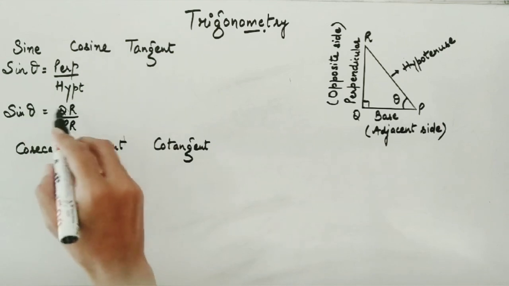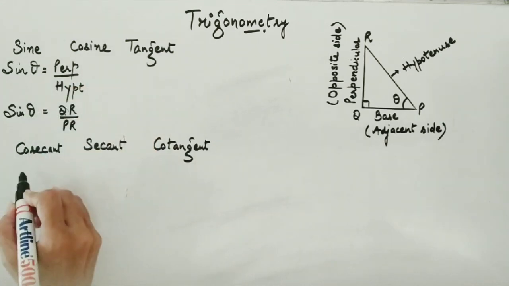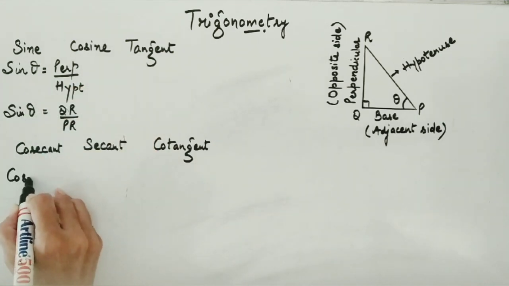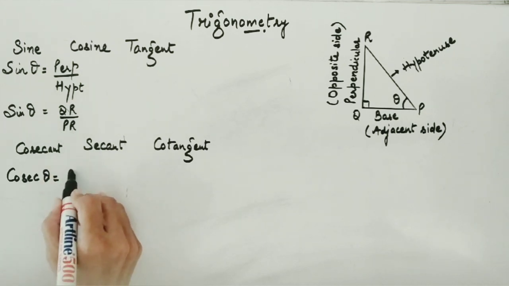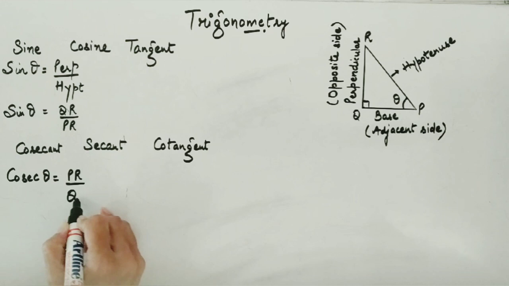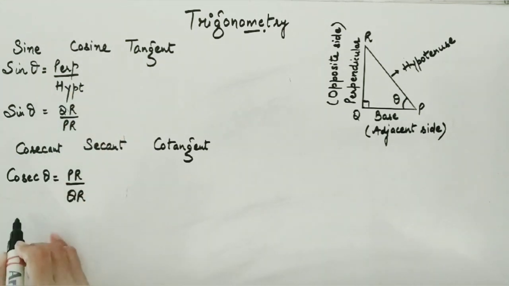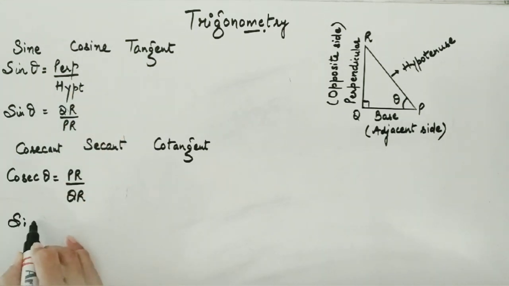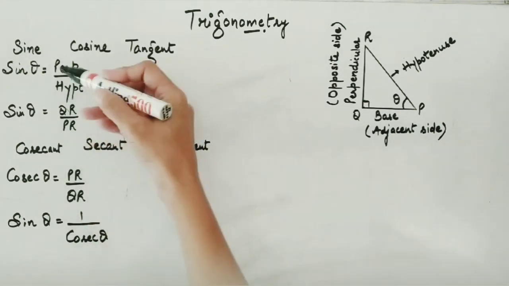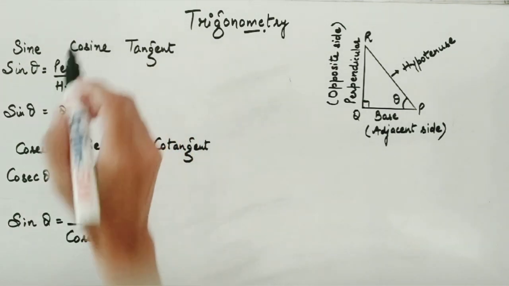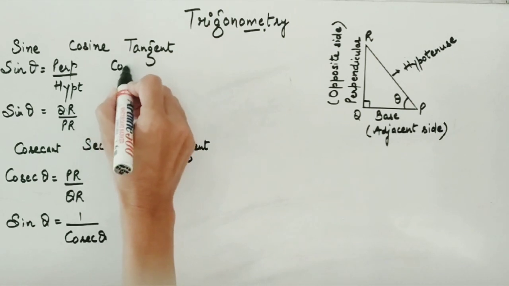Okay, sine is done. Reciprocate it to obtain cosecant. Cosecant theta would be PR by QR. Straight away reciprocate. Why do we reciprocate? Because sine theta and cosecant theta are reciprocals of each other. Remember this rule.